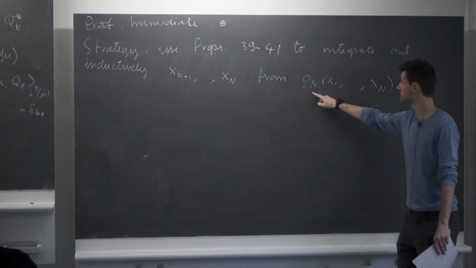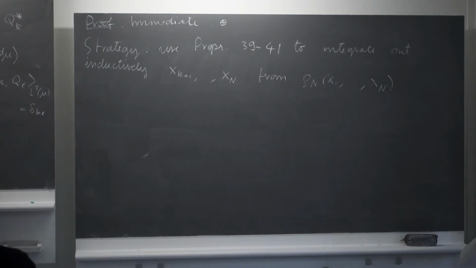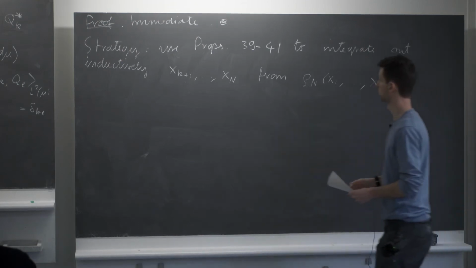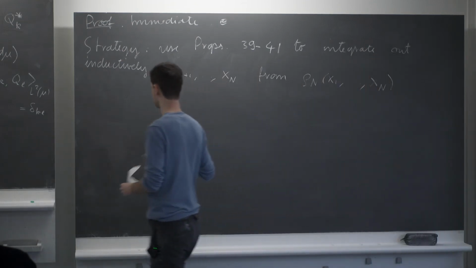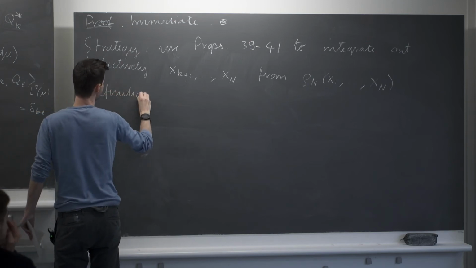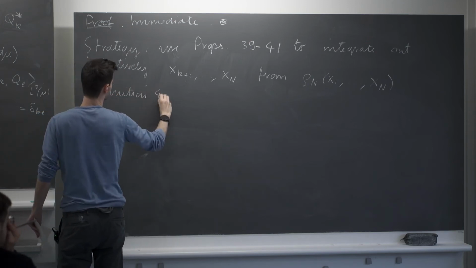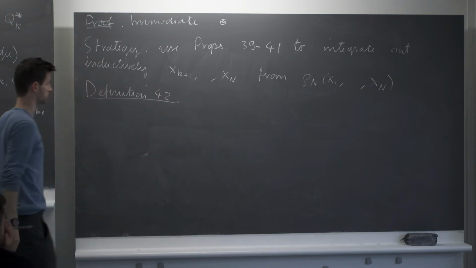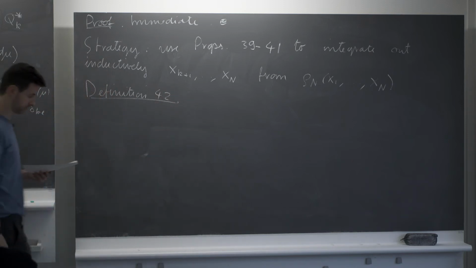So here is our density, and we would like to integrate out all but the first k variables from mu. And this gives rise to these k-point correlation functions, which I recall.